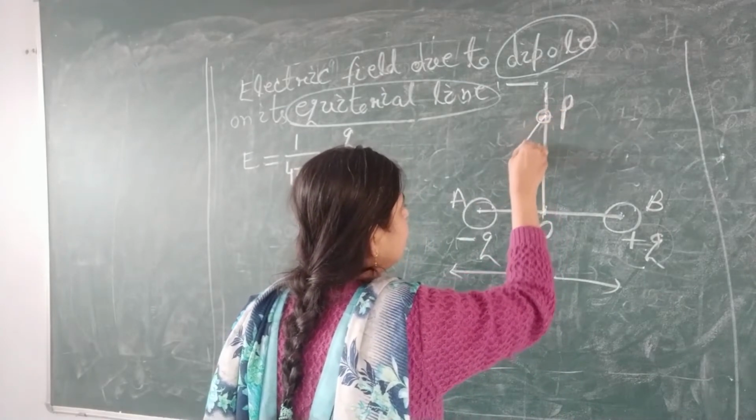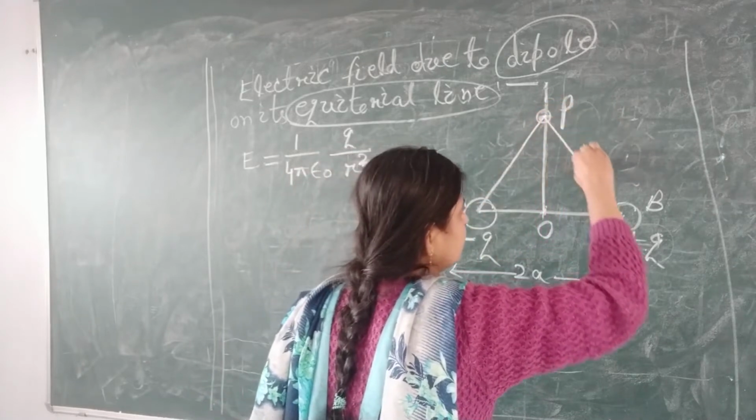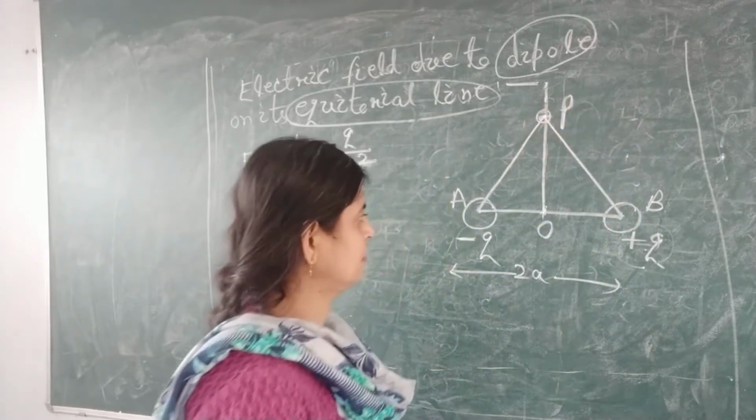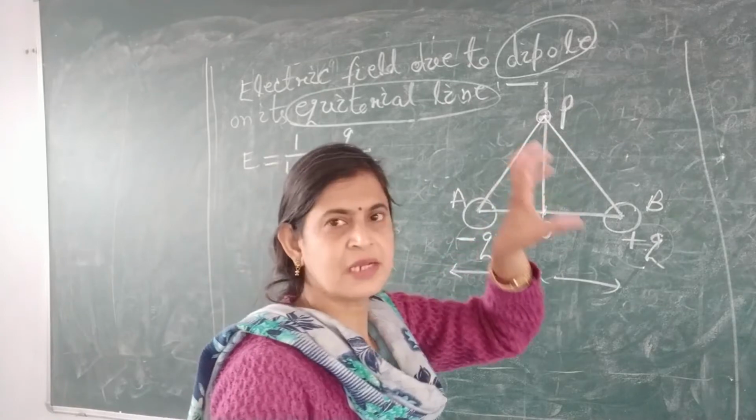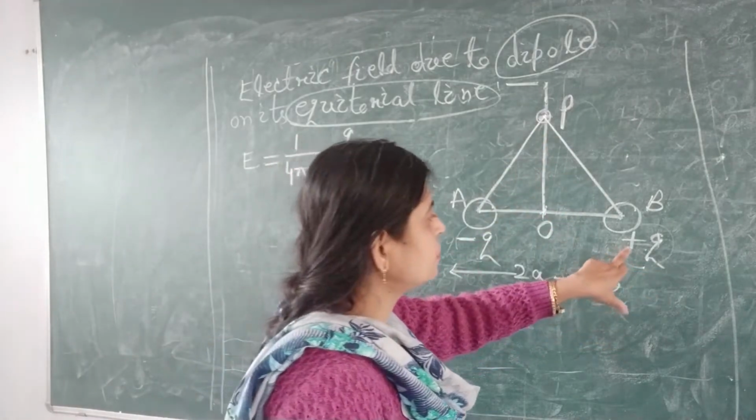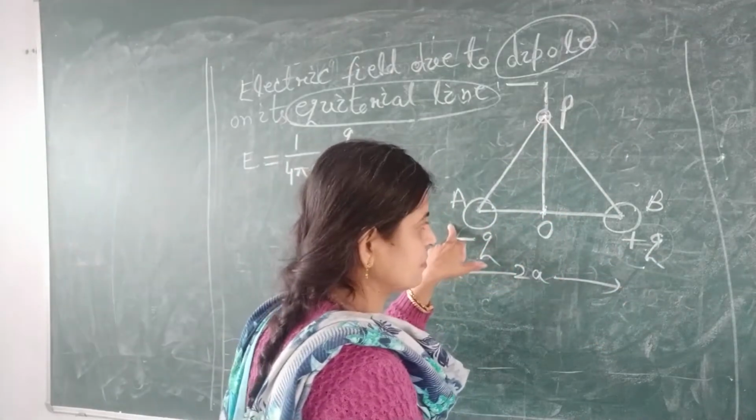Now join PA and PB. Mark the direction of the electric field due to charge plus q and minus q.